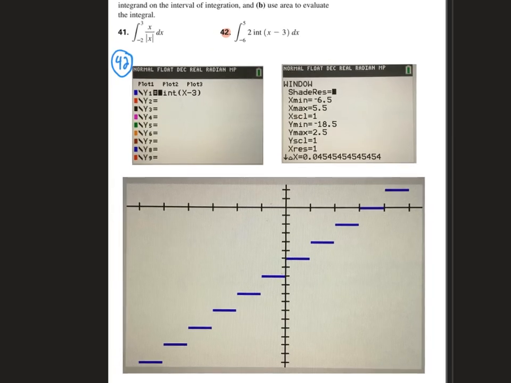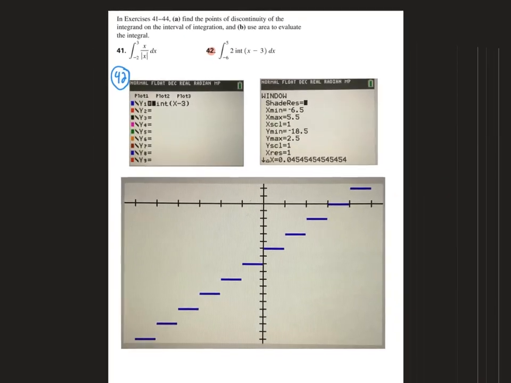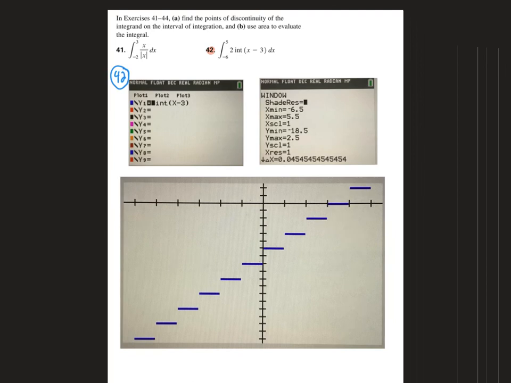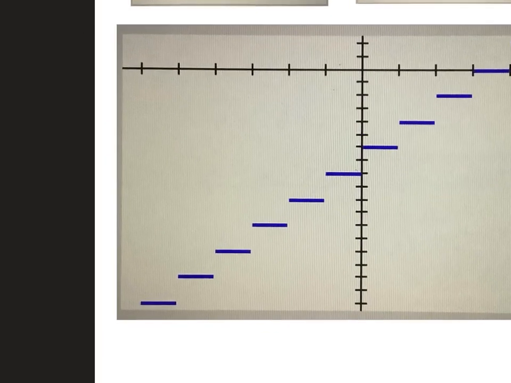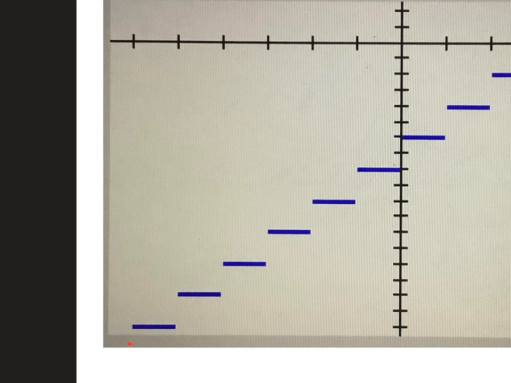Okay, so the idea, and I think what these problems wanted you to see, is it doesn't matter if there's discontinuity. Whatever the function is, just focus on a certain piece. So we'll focus on this piece.